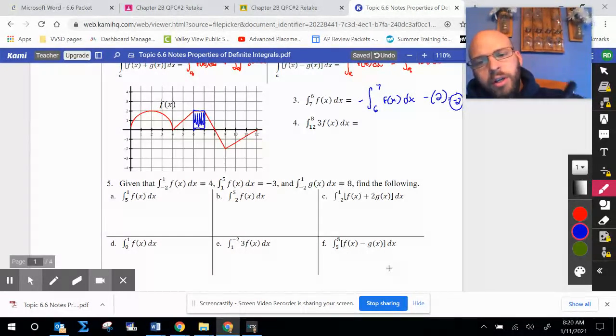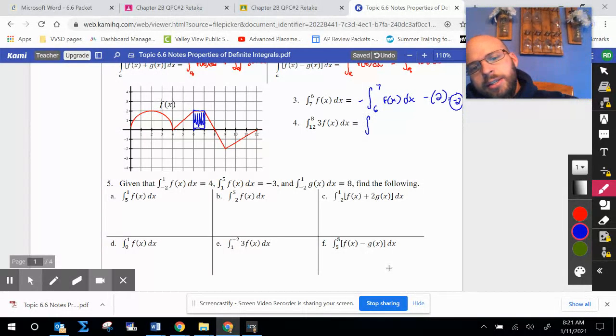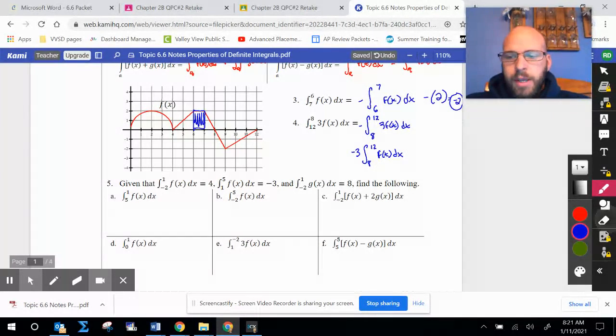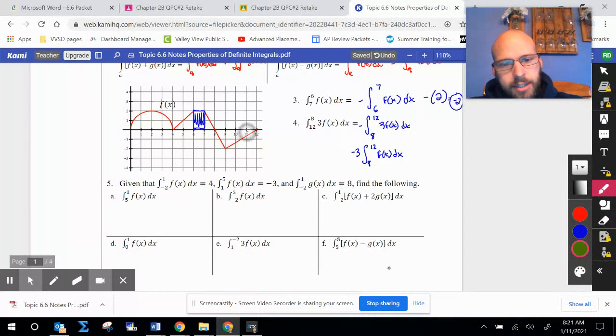Now, furthermore, I'm going to do this next one in 2 steps. I'm going to say this goes from 8 to 12 with a negative out front of 3f of x dx. But then I can take the constant multiplier of 3 out, and I would go from 8 to 12 of f of x dx, right? So let's find out what the area from 8 to 12 is. That's going to be this negative area down here.